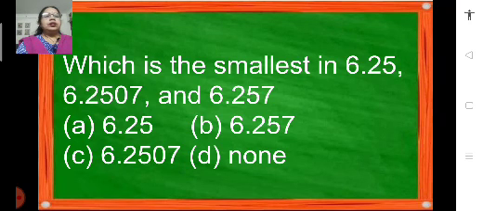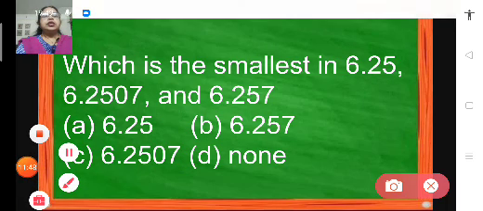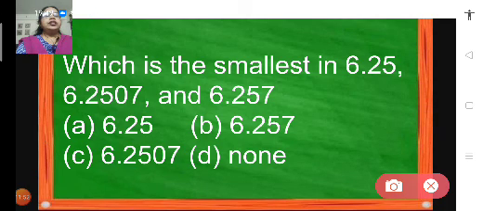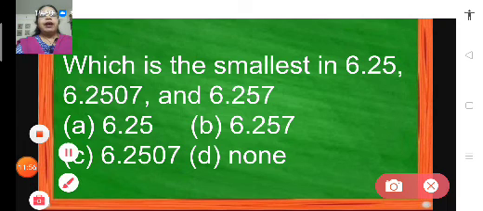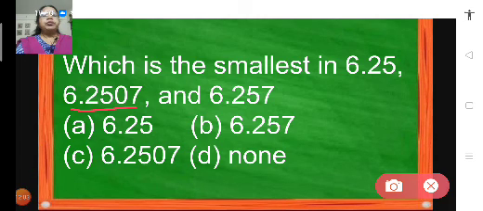Now we have some questions here. Which is the smallest in 6.25, 6.2507 and 6.257? So where do we have maximum decimal places? We have the maximum decimal places in this number. So first we have to make these decimal numbers like decimals.